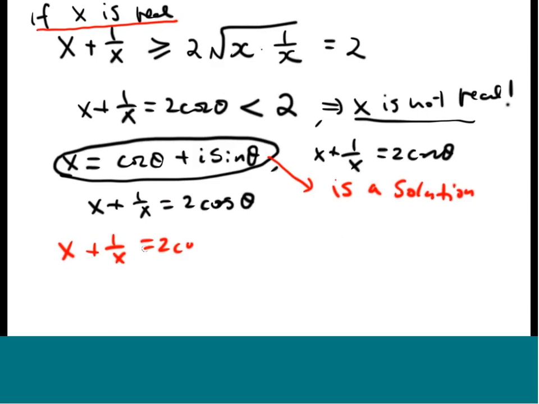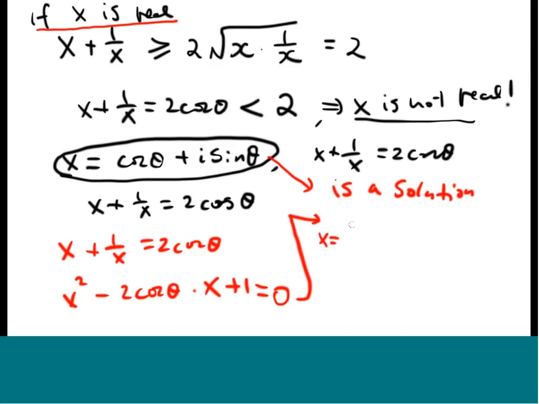Okay, solve it. Then you have x squared minus 2 cosine theta x plus 1 equals 0. If you see a quadratic equation, you want to solve it. So you get x equals 2 cosine theta plus or minus the square root of 4 cosine squared minus 4, divided by 2.